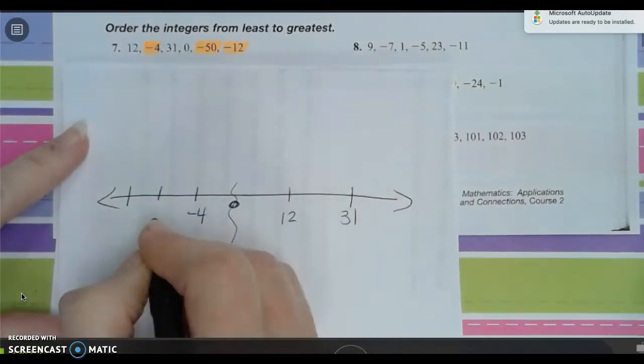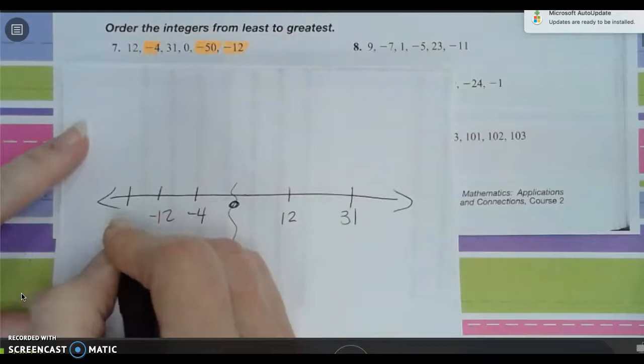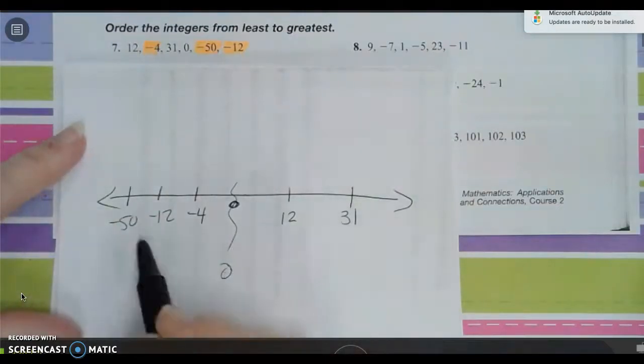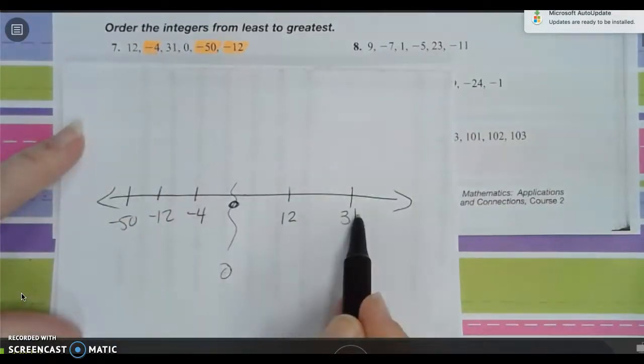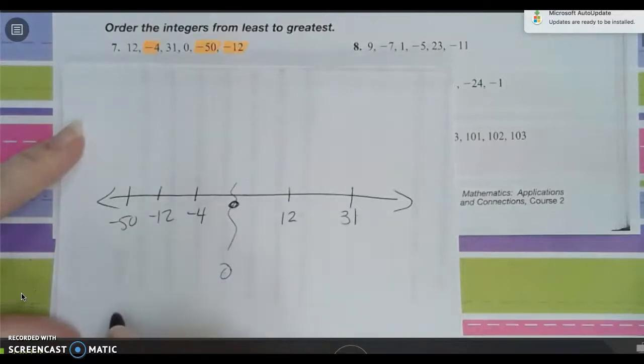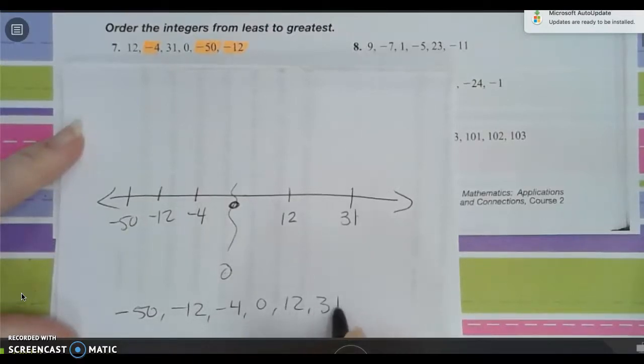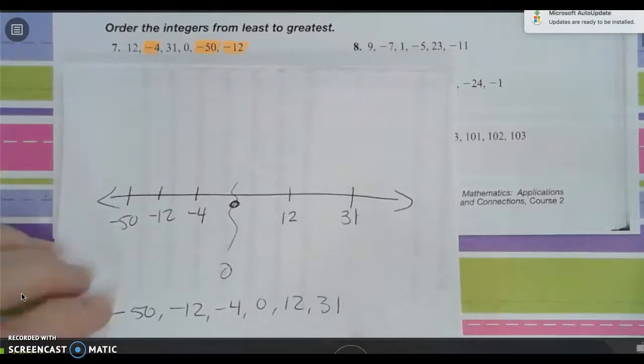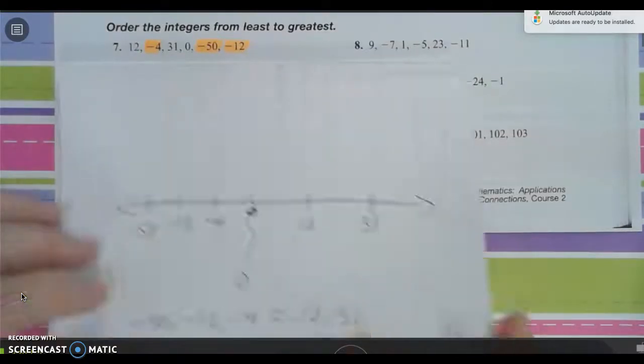We would finally get to negative 12, and then we would get to negative 50. So now you have those ordered from least to greatest, which your answer would be negative 50, negative 12, negative 4, 0, 12, and 31. But sometimes it makes it easier to visualize it on a number line.